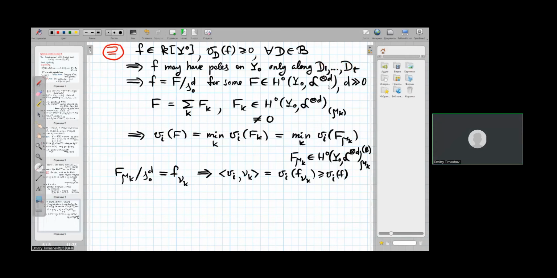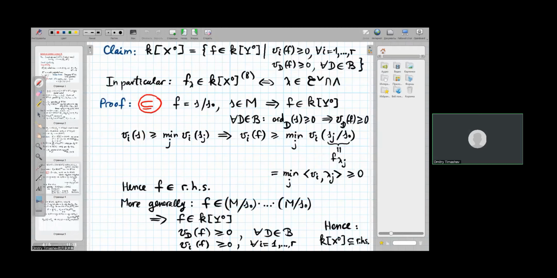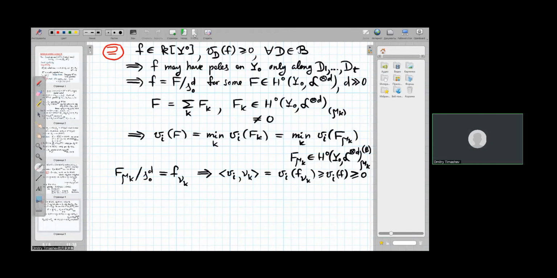By the way, it is a good remark, but let me first say that by this computation above, we have this estimate from below. So the value of vi at f nu k is greater or equal than the value of vi at f, which is non-negative because the function f was taken from this set. So we have these inequalities here, okay?